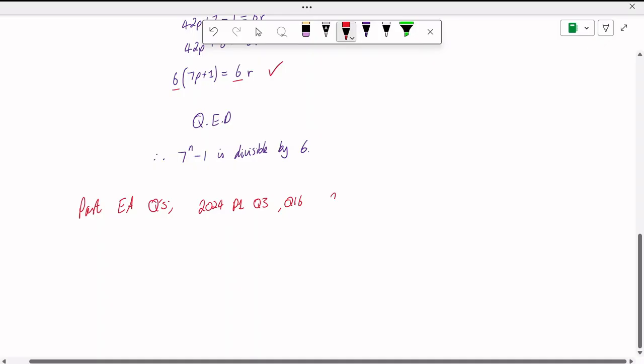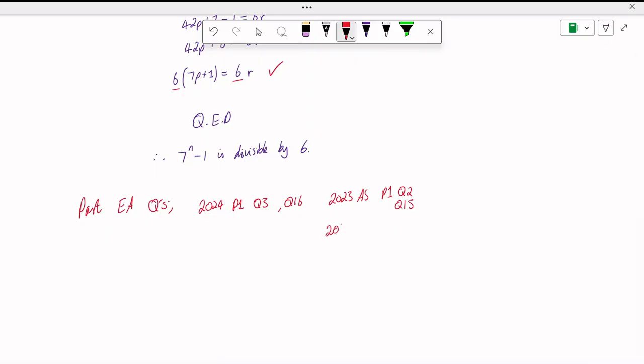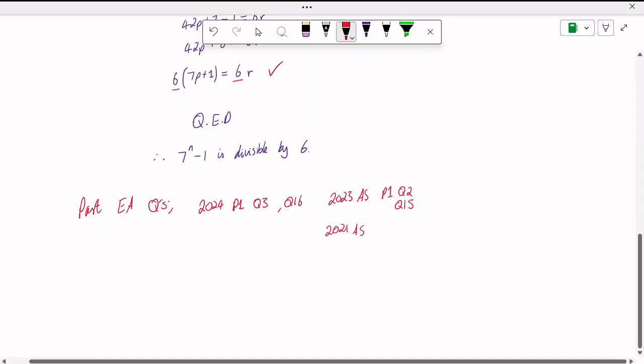Then you've got the 2023 alternate sequence, paper 1 question 2, also question 15. Then on the 2021 alternate sequence, you've got paper 1, question 13, and question 18.